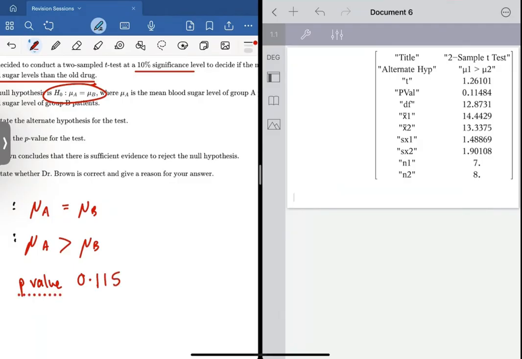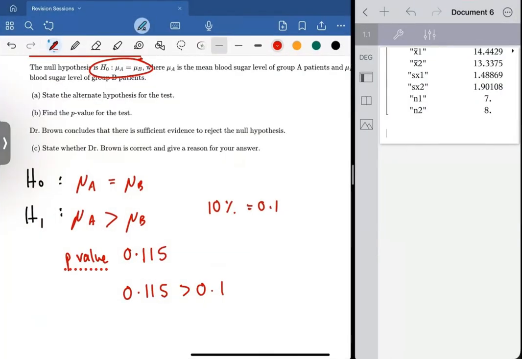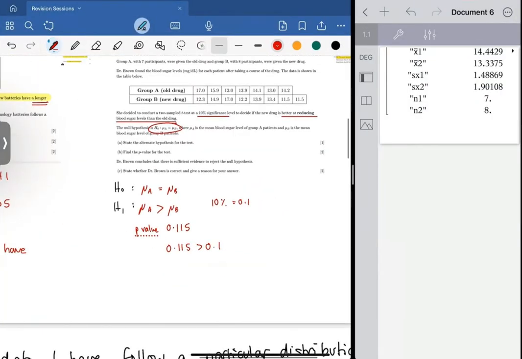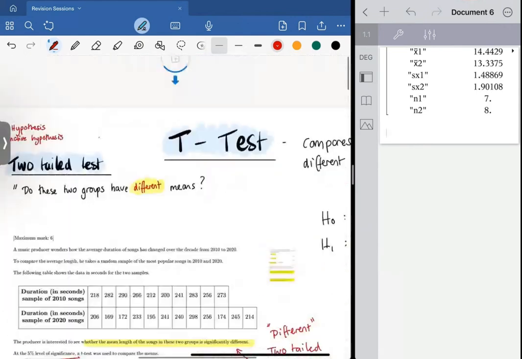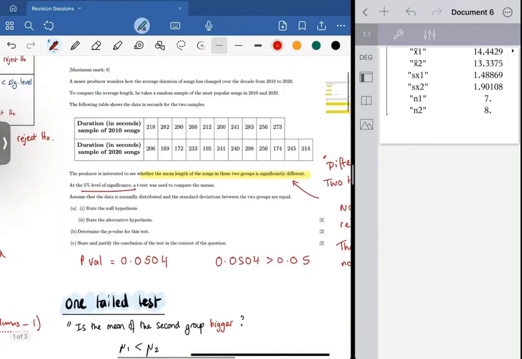And this time we're doing it at a 10% significance level. So 10% is going to be 0.1. And 0.115 is bigger than 0.1. So like the other two that we've done so far, there's not enough evidence here to reject that null hypothesis. If we go back to our thing up here, our p-value is bigger than the significance level.